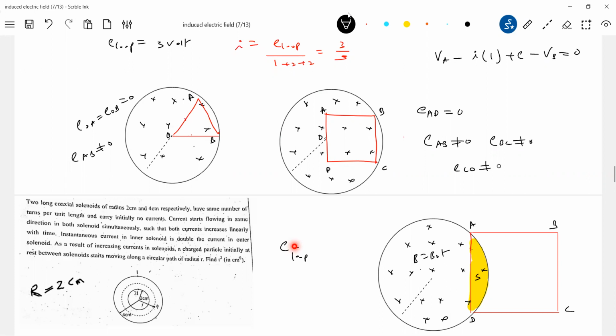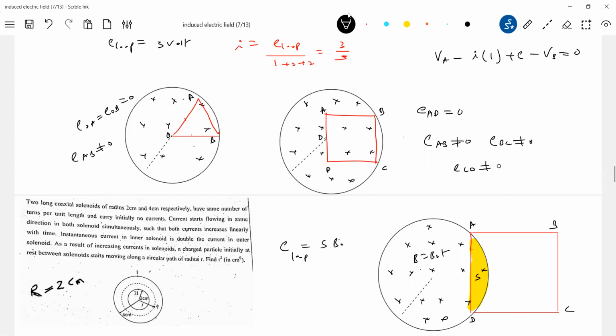This should be equal to S into B naught. EMF induced in the rod AD, non-zero. In the rod AB, non-zero. BC, non-zero. CD, non-zero. Is it okay? So now, anything you can ask.